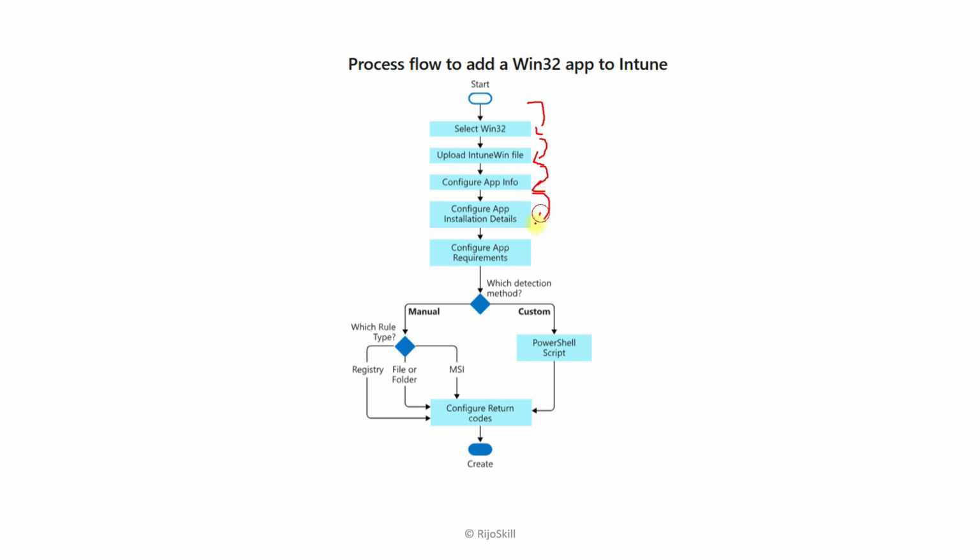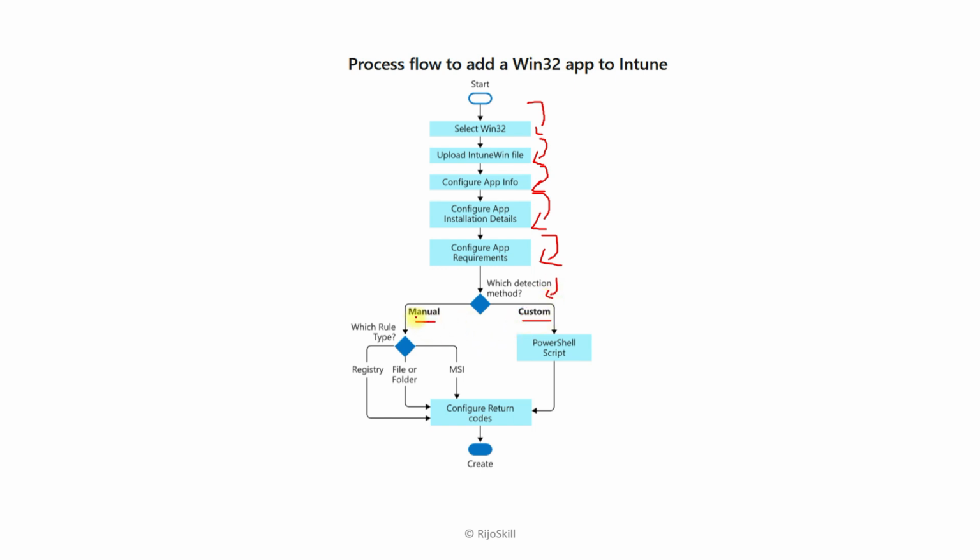Then the configuration of the installation and uninstallation commands. Then the requirements: what architecture, processor, memory and storage you need, you have to give all the details. Then after that the detection method, which has two options, manual and custom.